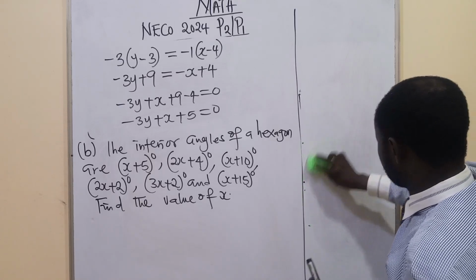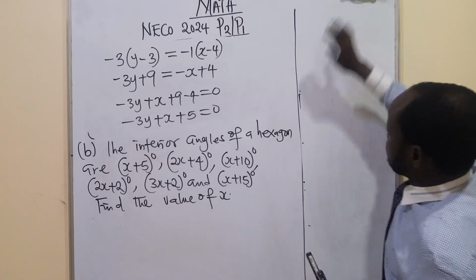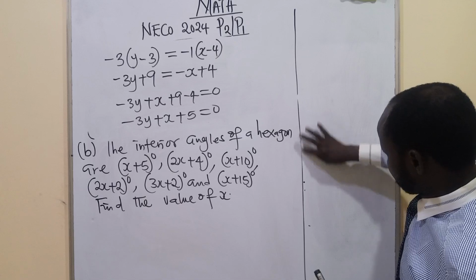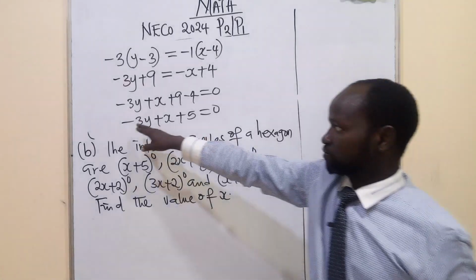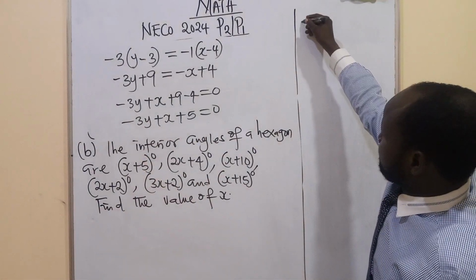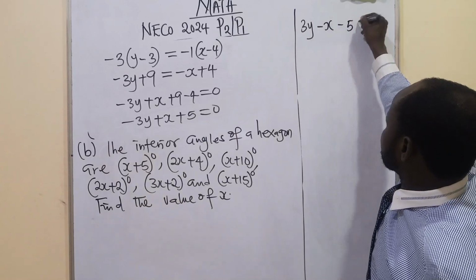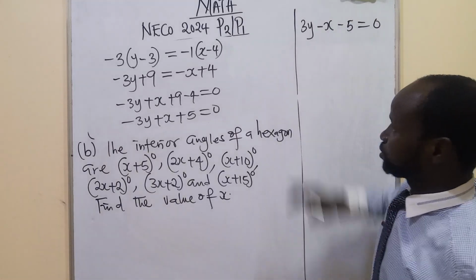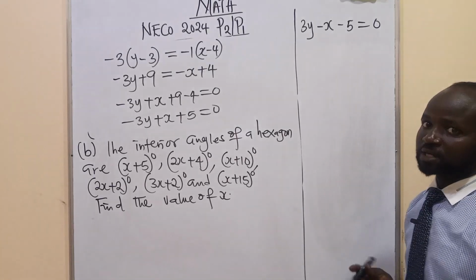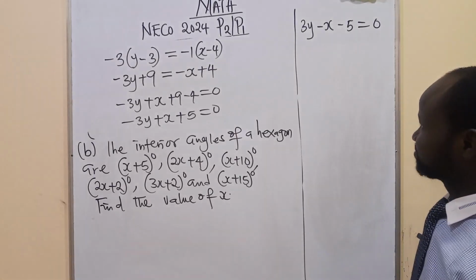As I said, based on the equation of a straight line, the coefficient of y must be positive. So multiplying through by minus 1, we'll have 3y minus x minus 5 equals to 0. So this is the equation between Q and R. So this is the solution to A.